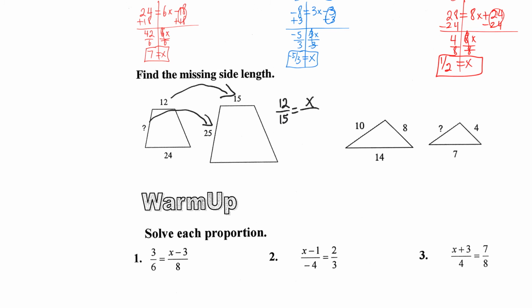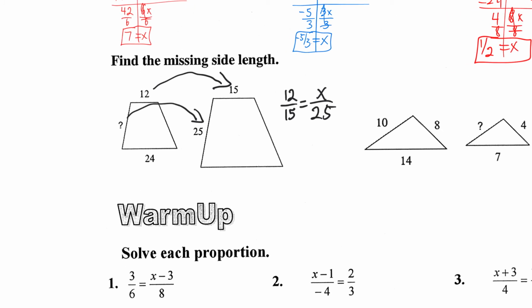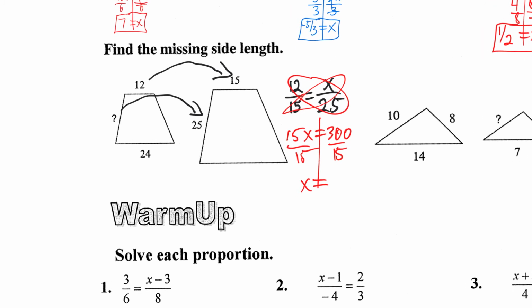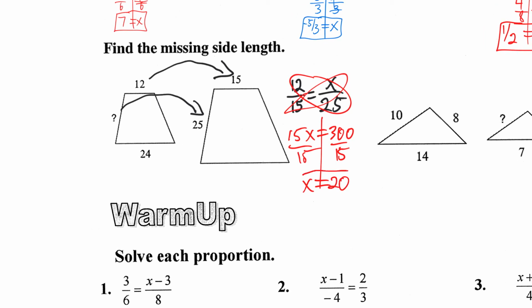I've got to keep it consistent. So 12 is to 15 as x is to 25, and then from there we just cross multiply and solve. So we get 15x equals 300, divided by 15, and it's 20.